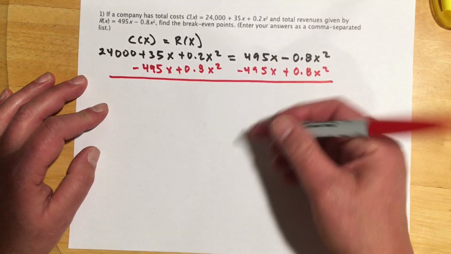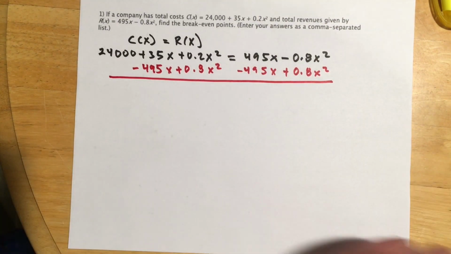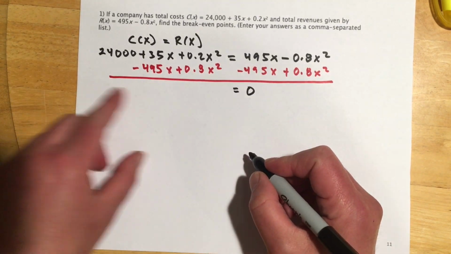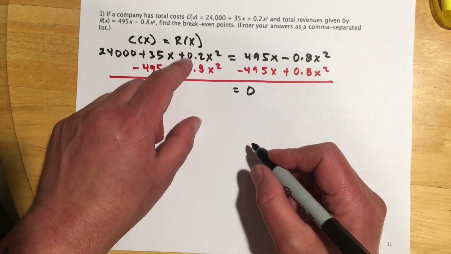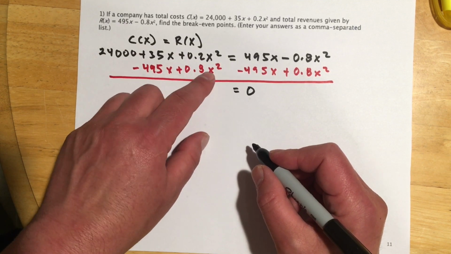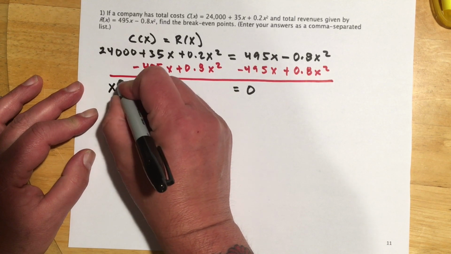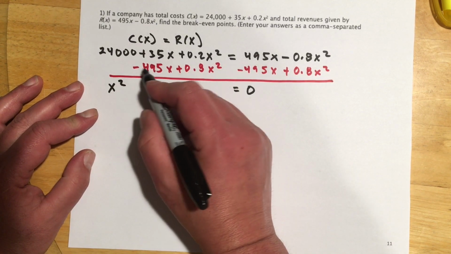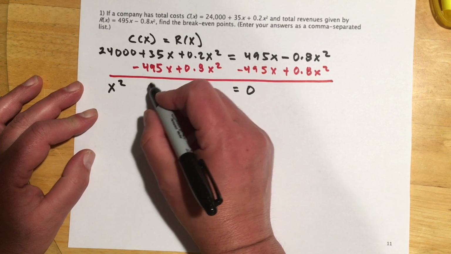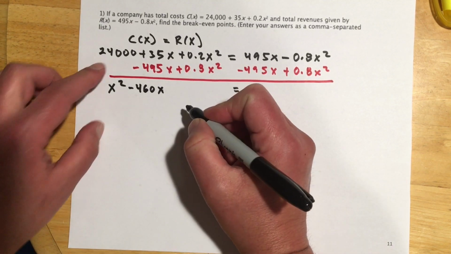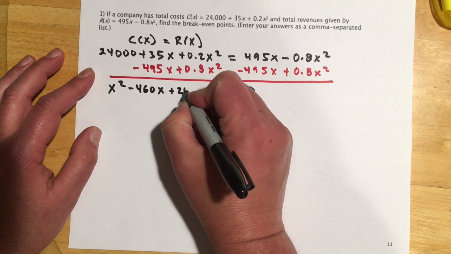And then that makes this side 0. And then this side I'll write in descending order. So 0.2x squared and 0.8x squared will just make x squared, because that would make a 1x squared. And then 35 minus the 495, so it's going to be negative 460x, and then plus 24,000.